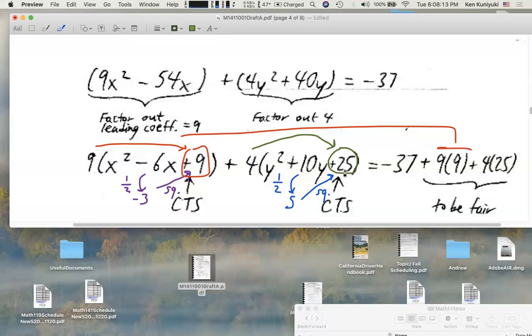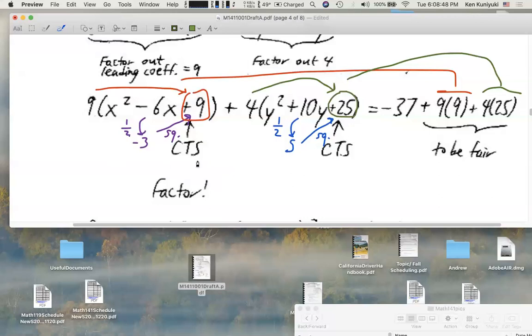So when you're inserting a plus 25 in this group, you're actually adding 100 because you're actually adding 4 times 25 to the left-hand side. Therefore, let's add 4 times 25, or 100, to the right-hand side. We're compensating. If we're adding 81 and adding 100 to the left side, we better add 81 and add 100 to the right side.